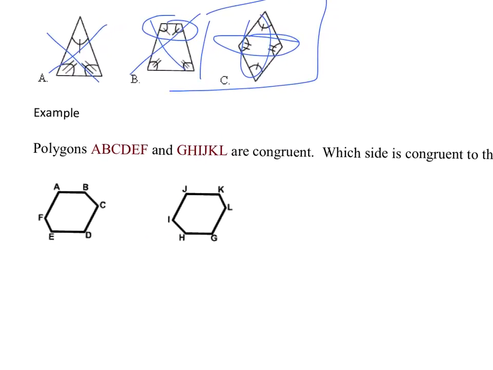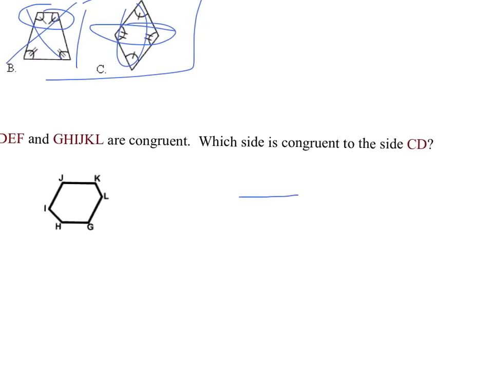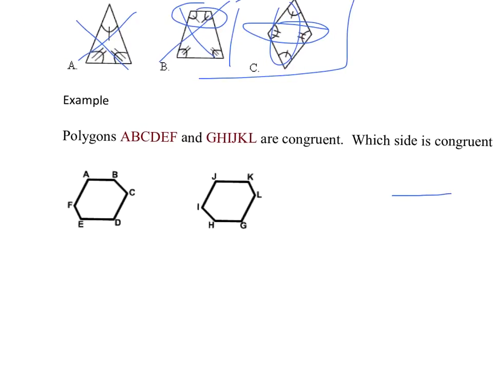All right, next example. Polygons ABCDEF and GHIJKL are congruent. Which side is congruent to side CD? So let's locate CD in this first one. That's this side right here. Now, you can't just look at the picture because these are sitting the same direction.